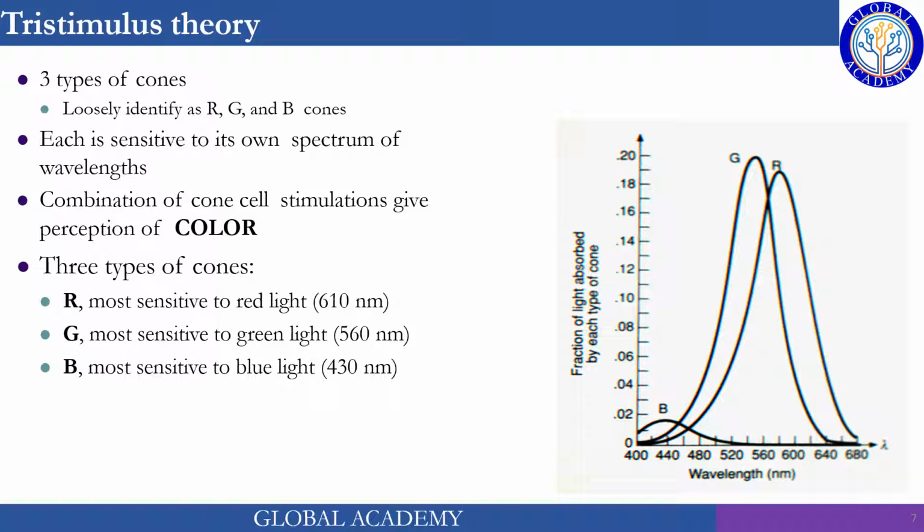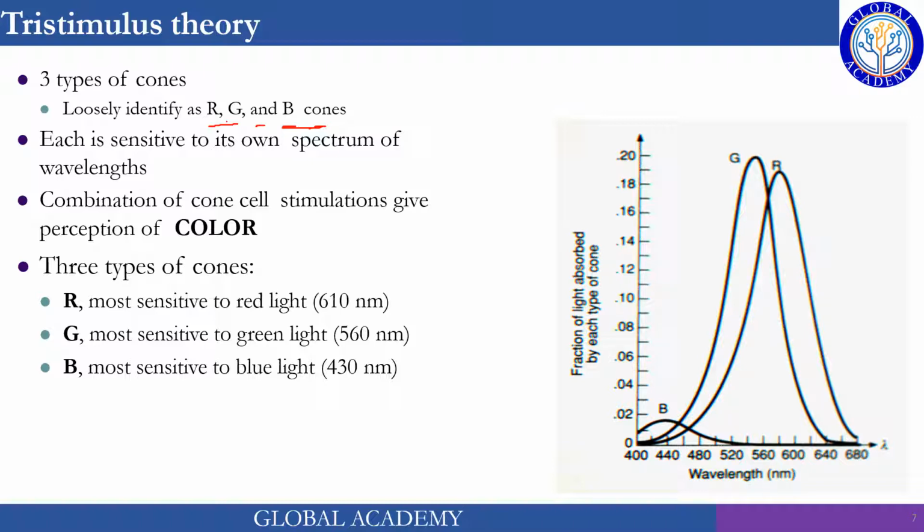Tri-stimulus theory is about how we can generate millions of colors using three basic colors, red, green and blue. In fact, in the human eye the same concept is used to interpret colors. We have three different types of cone cells and each is sensitive to its own spectrum of wavelength.